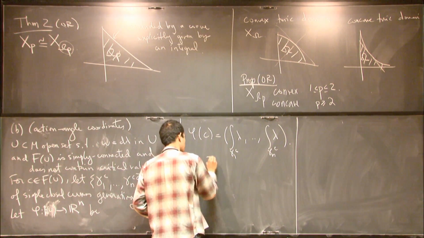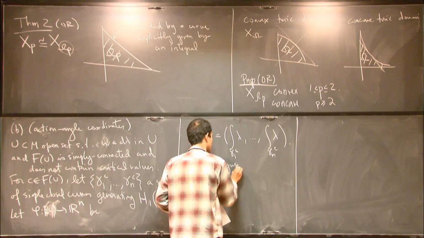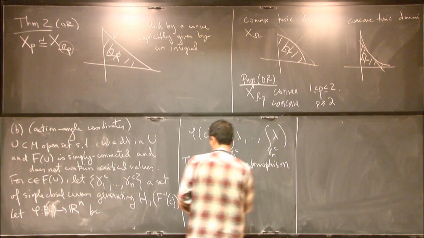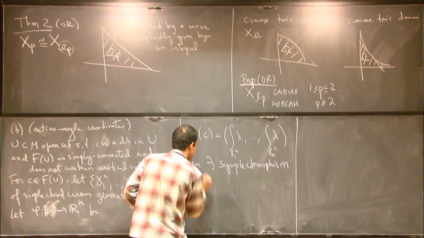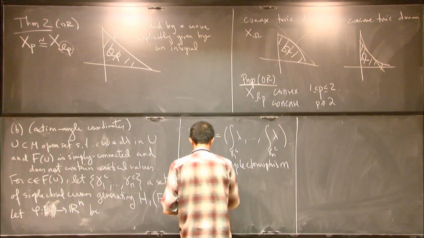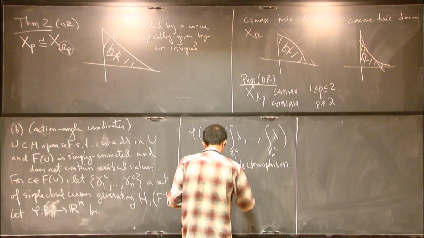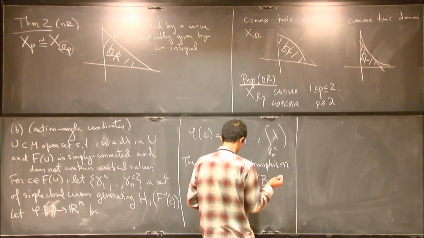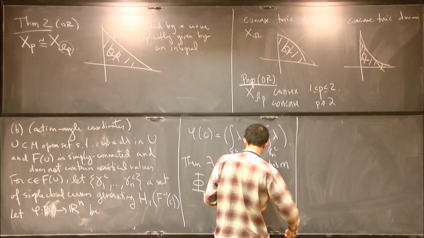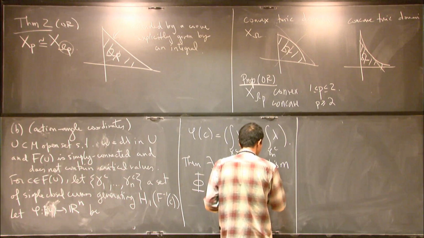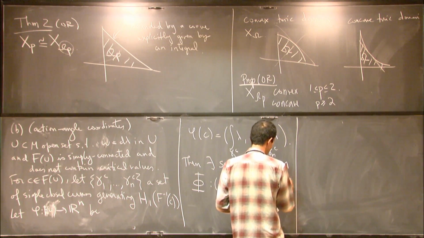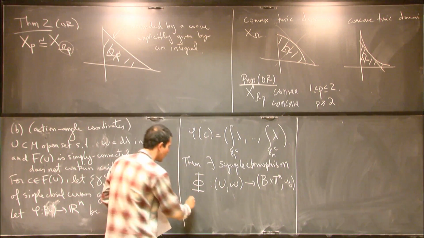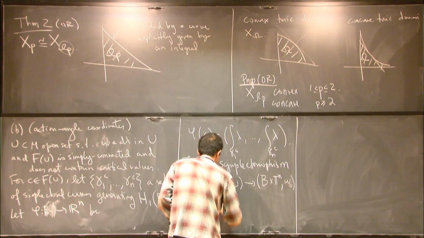Then there exists a symplectomorphism phi that goes from u with omega to a certain b, b times Tn with the standard symplectic form, such that the following diagram commutes.